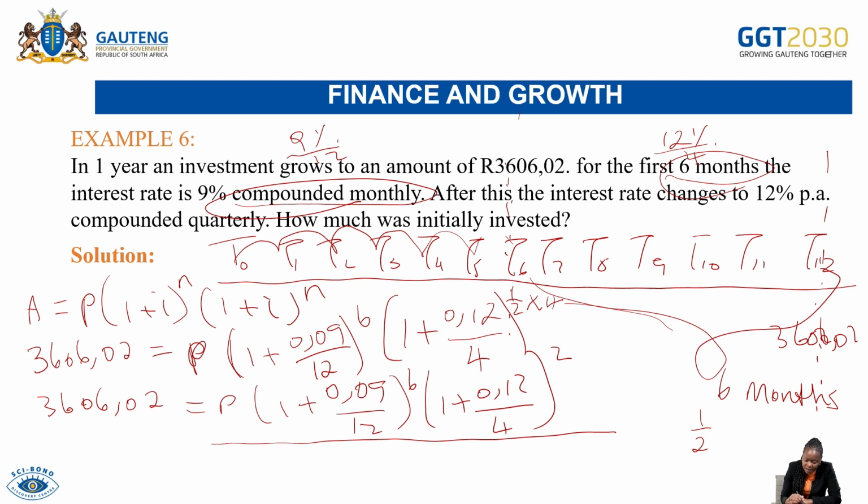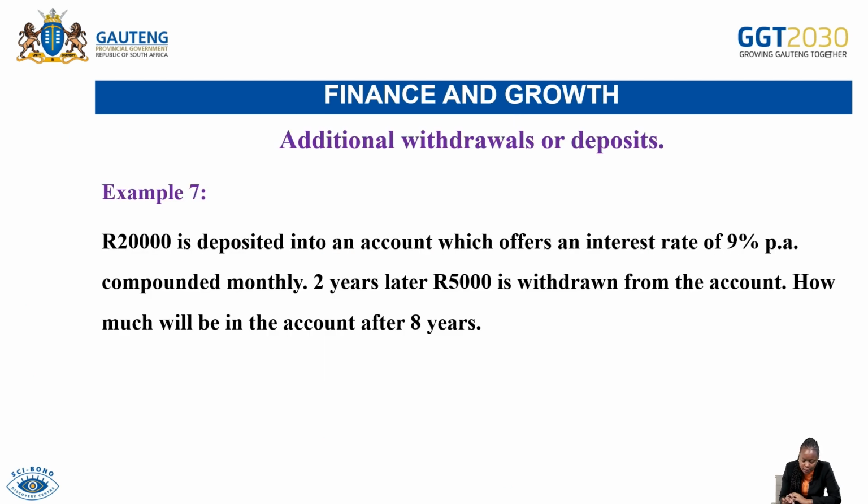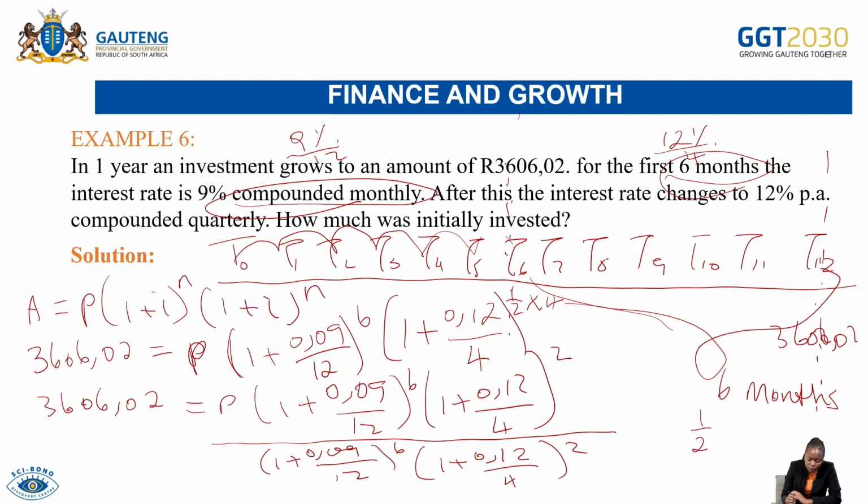So I divide by everything that I'm not looking for, which is going to be 1 plus 0.09 divided by 12 to the exponent 6. Then it's 1 plus 0.12 divided by 4 to the exponent 2. Let me see if I still have space this side. Okay. So the same thing that I've done this side, I also do it on the other side, right?